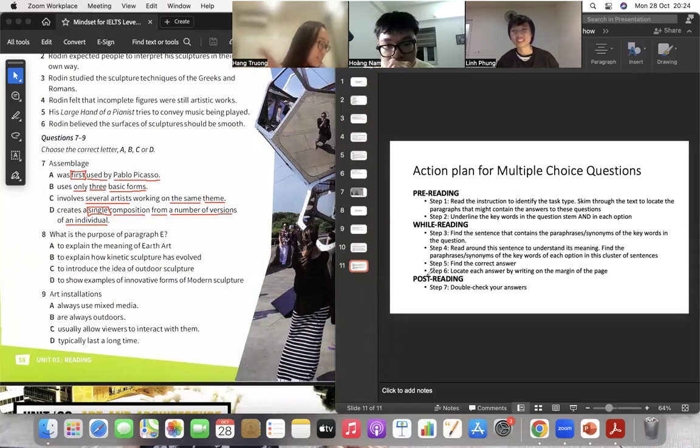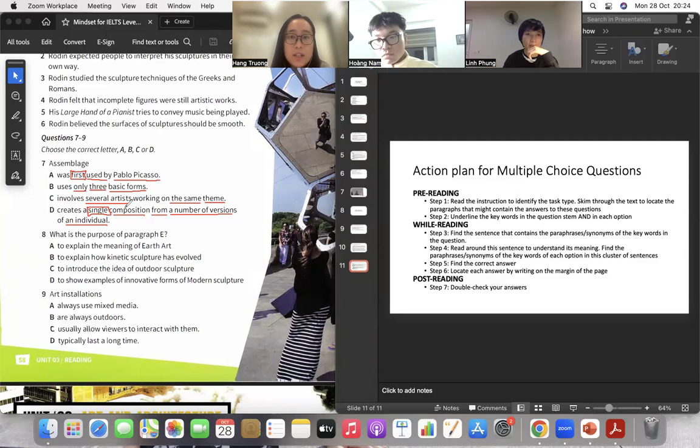Can you guess? Or maybe also not sure. That's okay. Let's look at the paragraph. I think when we refer back to the main text, then we can identify the paraphrase and know the meaning much more clearly of the word composition.